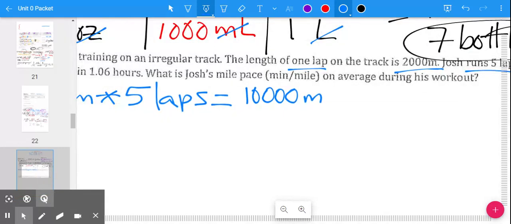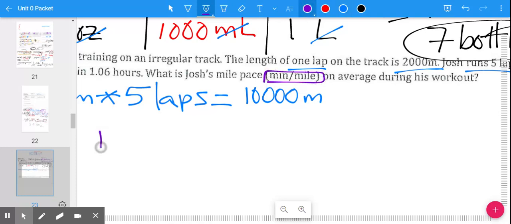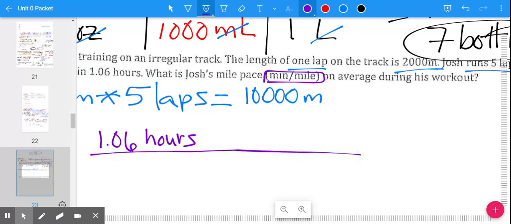Then it tells us that he did that entire 10,000 meters in 1.06 hours. Because we want our final thing to have the time on top, we start with the time on top. So 1.06 hours is how long it took him to run 10,000 meters.